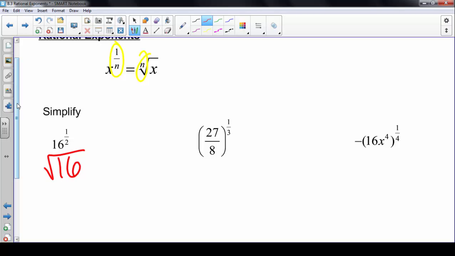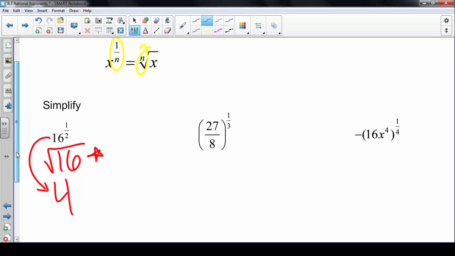Notice we don't write the 2 right here, it's just implied. Square root of 16 is 4. And if you can jump straight from here to here and do this step in your head, that's completely fine. I'm going to show all of my steps for this lesson, but if you can make that jump, more power to you.